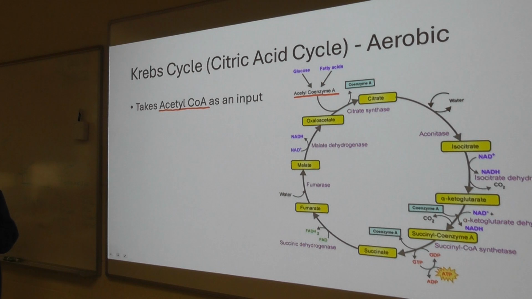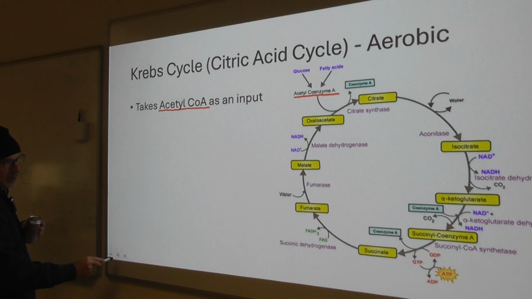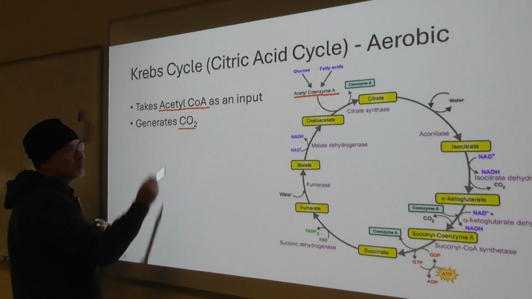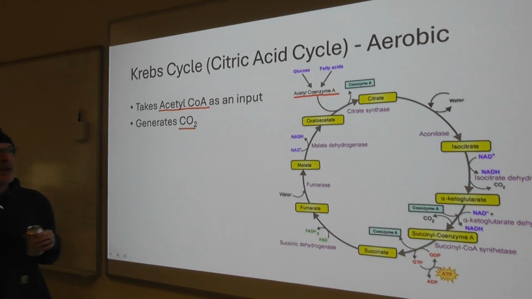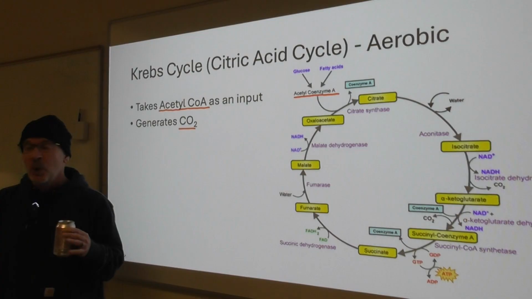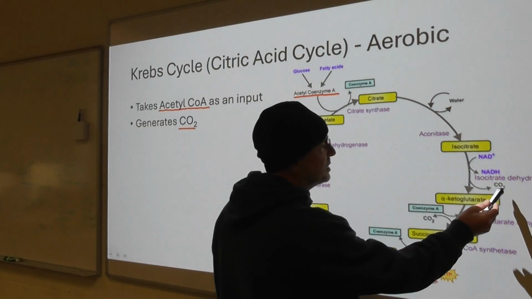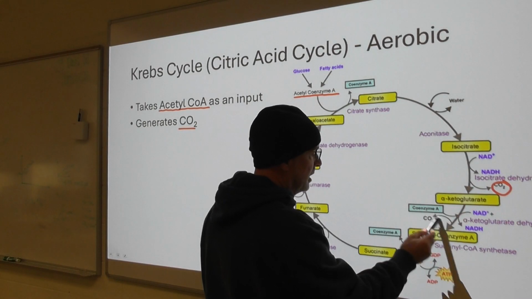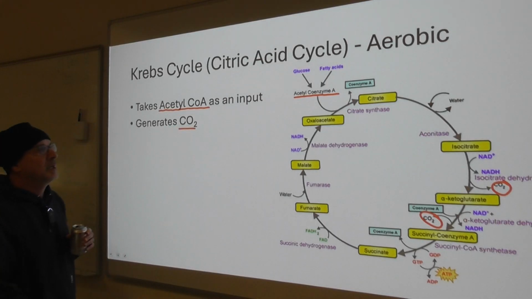So the Krebs cycle uses the output of those link reactions, and there's a whole bunch of stuff that goes on here. One thing that happens is we get some more CO2 generated, and that's important to know, but also is most important to be able to see on these diagrams. Oh, CO2, there it is.